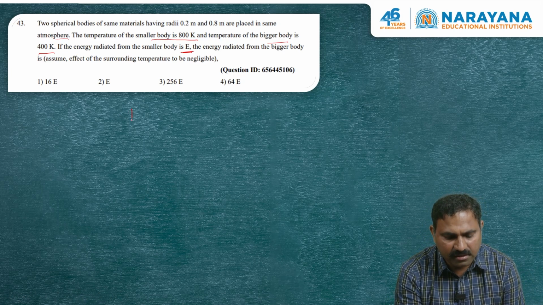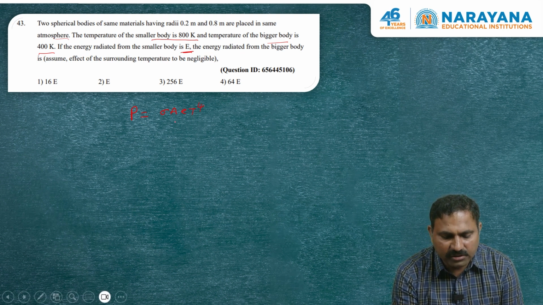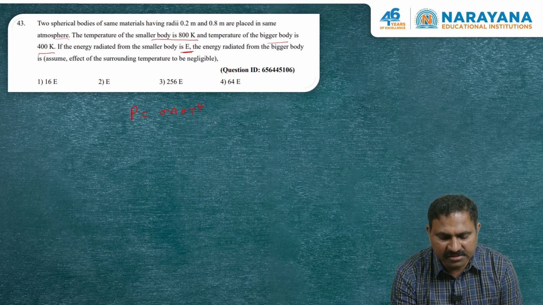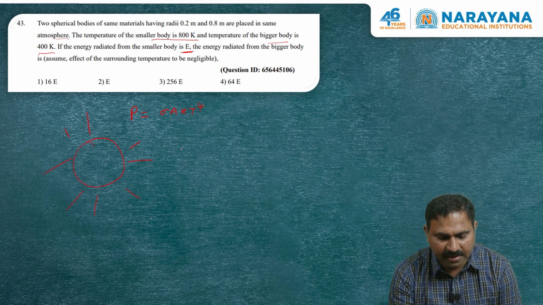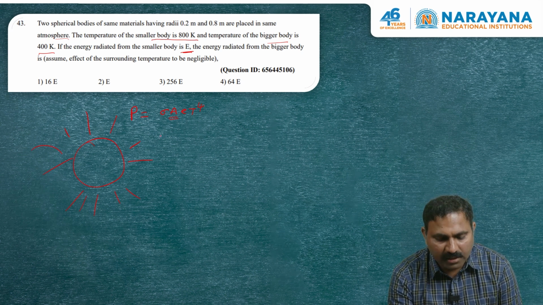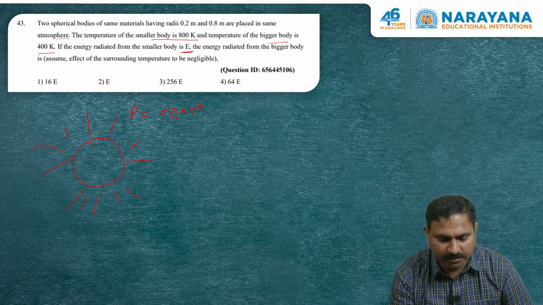According to Stefan's law, power radiated will be sigma A e T power 4. As it is given both are identical bodies and surrounding temperature is assumed to be neglected. So simply this is amount of energy radiated by the body per unit time into area already multiplied here. So it is just total amount of energy radiated per unit time.